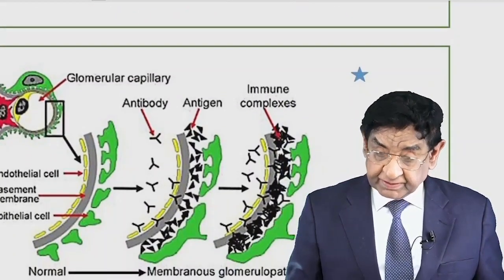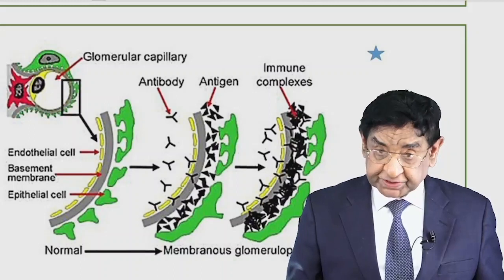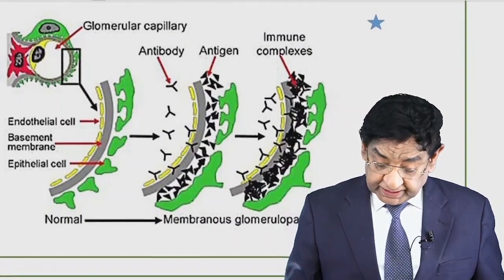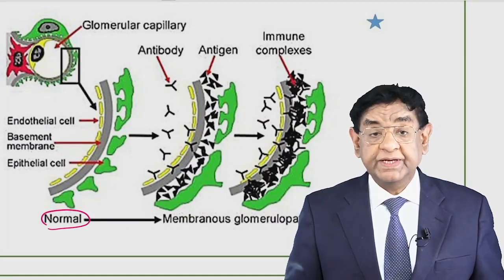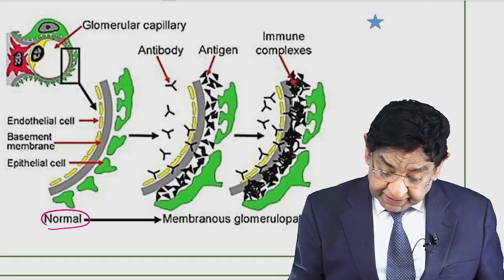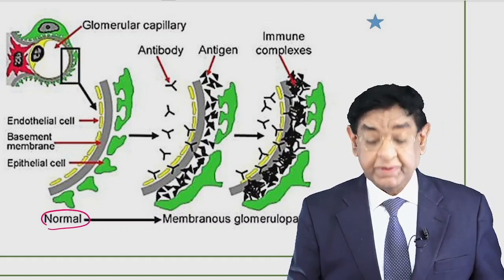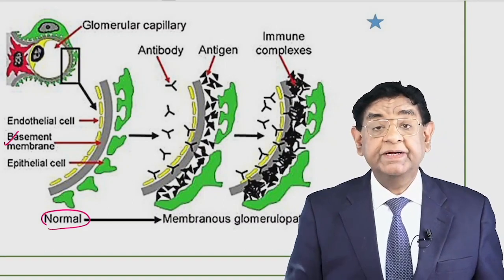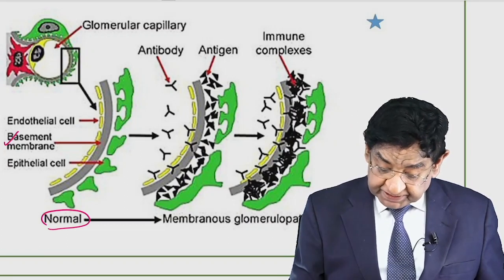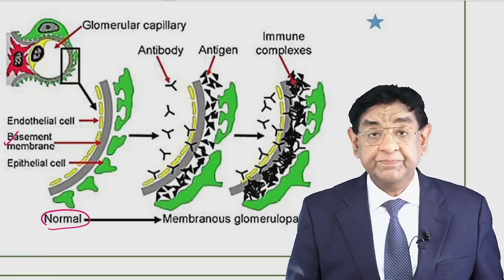Now let me show you a beautiful picture. Well, it's normal, with the capillary endothelium in yellow color, and this gray color is the basement membrane, and this is the epithelial cell with the foot processes.